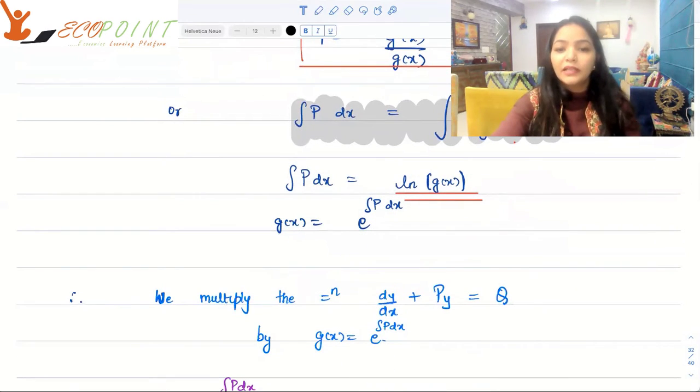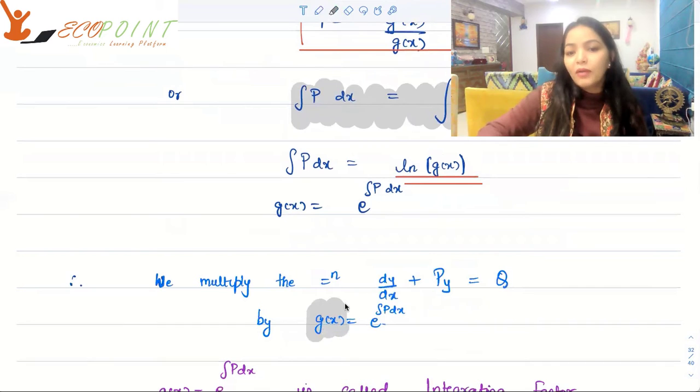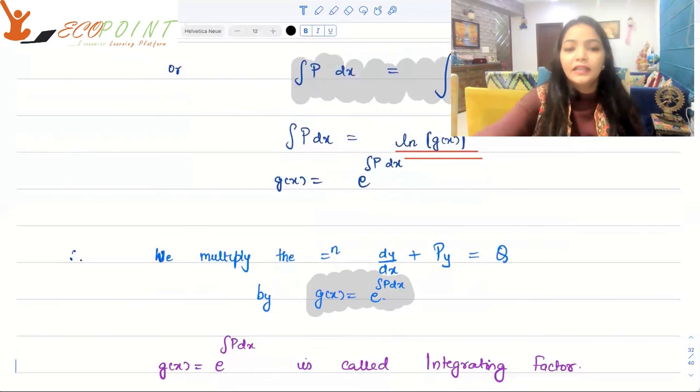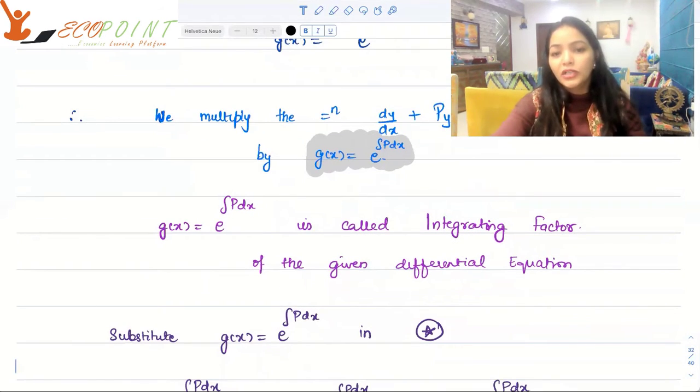Now we multiply the equation dy by dx plus py equals q by g(x), which is e to the power integral p dx. This e to the power integral p dx is called the integrating factor, IF, of the given differential equation.